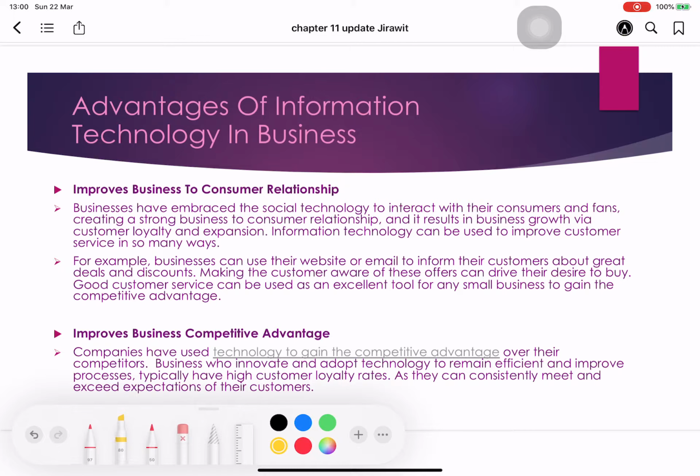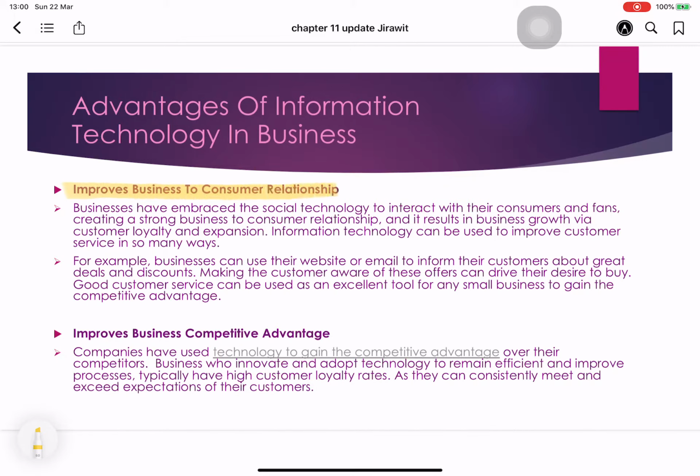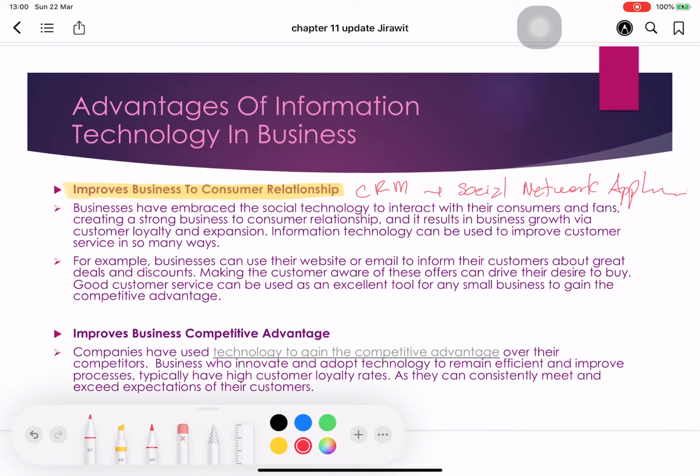And also the advantage is to improve the business to customer relationship. This is about CRM. We can use a social network application, right? For example, WeChat, many examples of information technology applications.